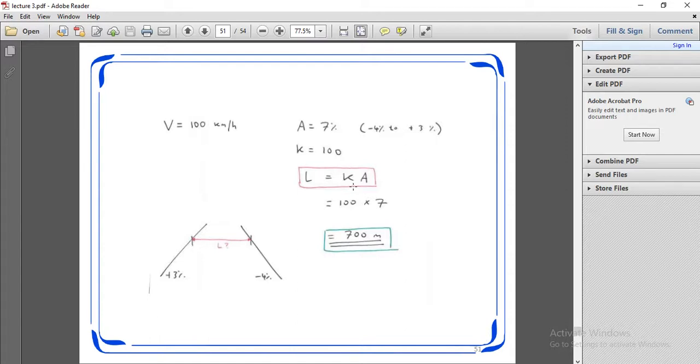After that we have L equals K into A. What is L? K is 100 into A is 7, it is 700 meters. L means the length. So now we have solved this example.